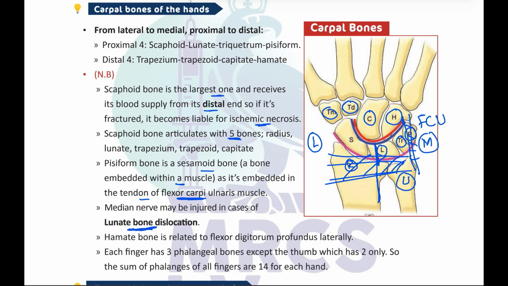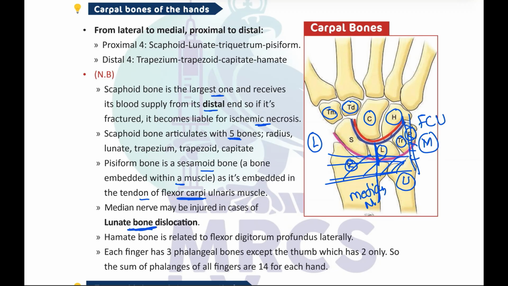Now, if there is by any chance fracture dislocation of lunate, then it can damage the median nerve, and we will discuss the sensory distribution later on, and then you can relate what could be the clinical picture. So you can be tested for a trauma scenario where the patient had a fracture of lunate and they might be testing you on which nerve can get damaged.